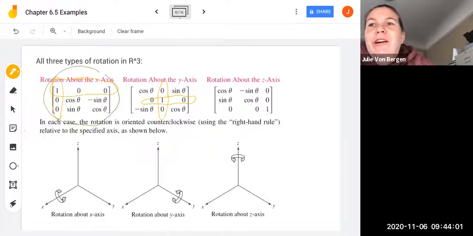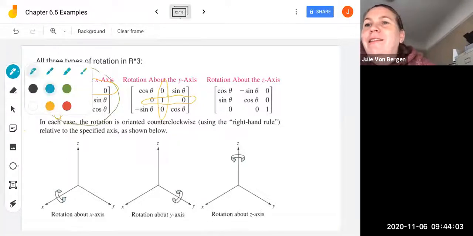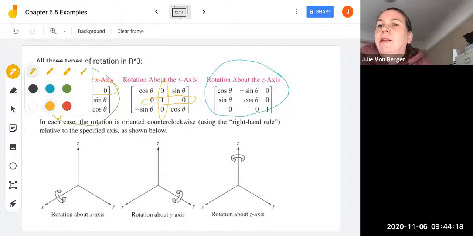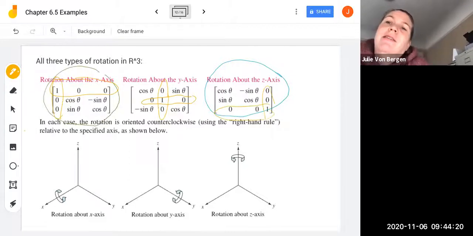And then for rotation about the z-axis, that's the matrix we saw with cosine theta and negative sine theta 0 in the first row, sine theta, cosine theta 0 in the second row, and 0, 0, 1 in the third row, because we're preserving z, we're rotating about z. So you can see visually those ones end up in the places where we've got x, y, and z that we're rotating about.